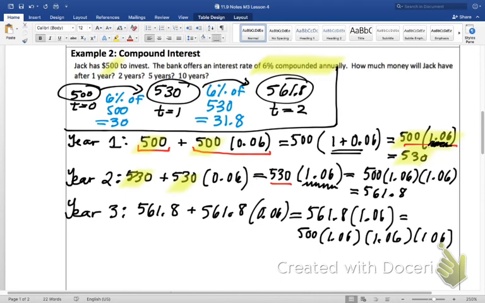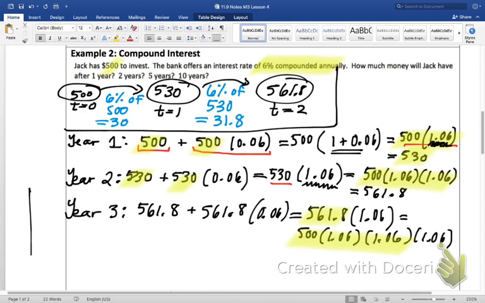And these three 1.06s are coming from, two of them come from the previous year, right? There were two up here. And so this 500 times all of that gets wrapped into the 561. And then there's this extra one. So we start to see this pattern of repeated multiplication.